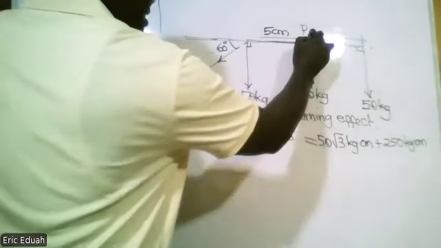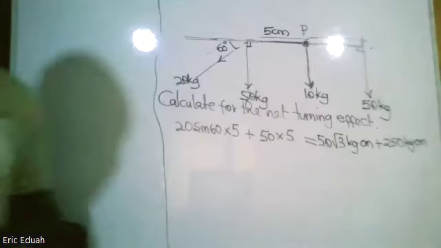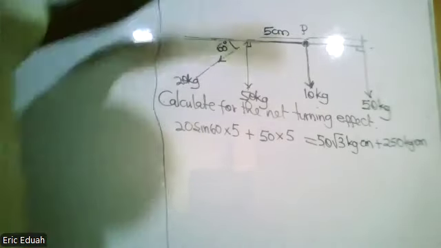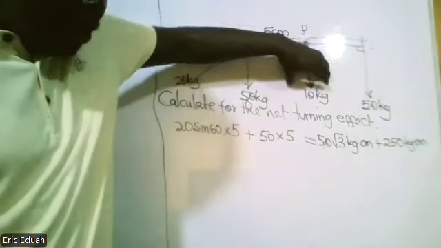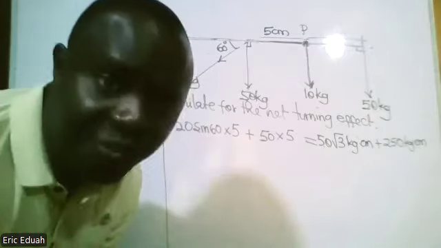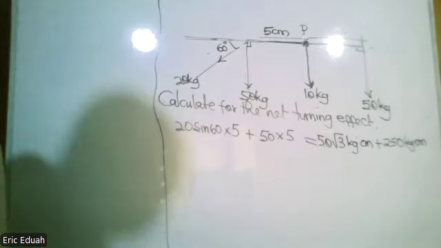So this is the mass. Where is the perpendicular distance? It is 0. So whenever a force or mass just acts at the pivot, the turning effect produced is 0 because there's no perpendicular distance.